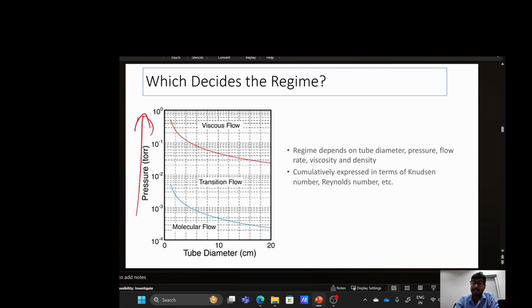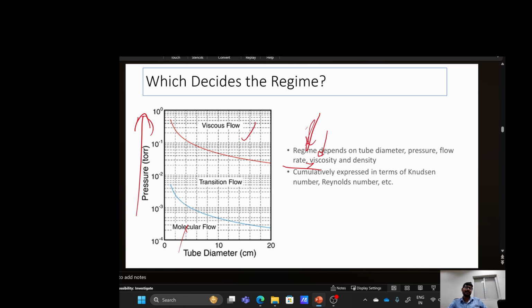And another thing is the flow rate, which is nothing but the pressure only, since the flow rate will be more when there is more pressure. And the viscosity and density of the material, so these things decide whether the flow will be viscous or molecular.